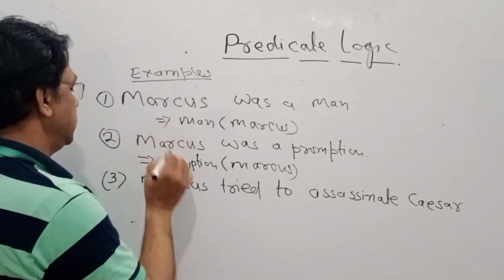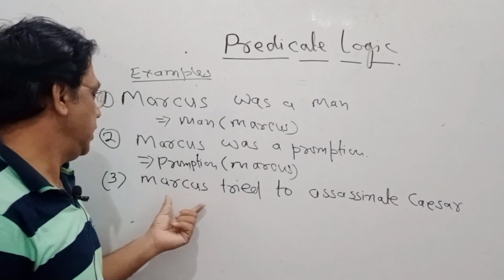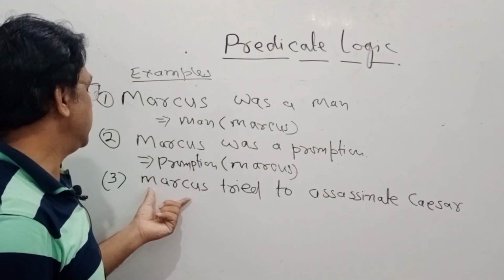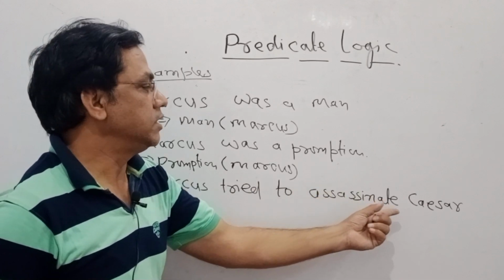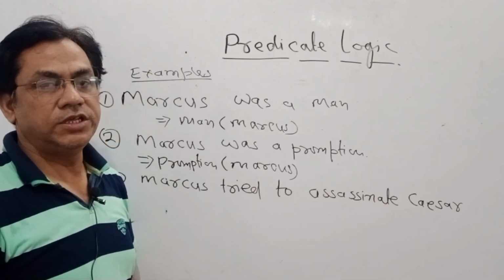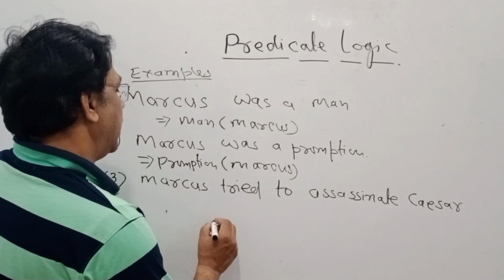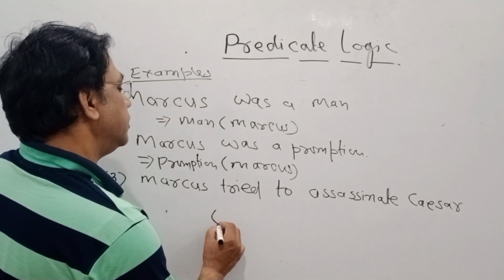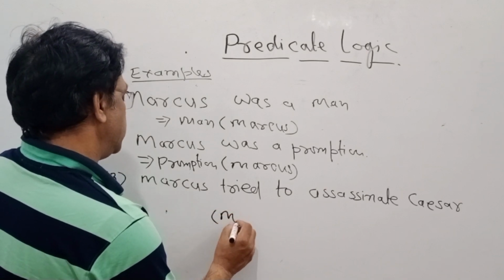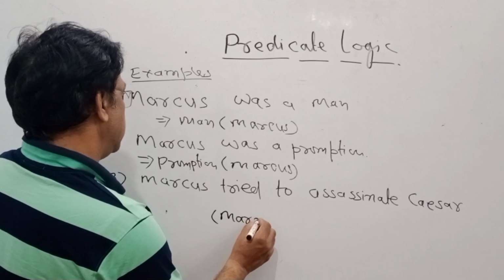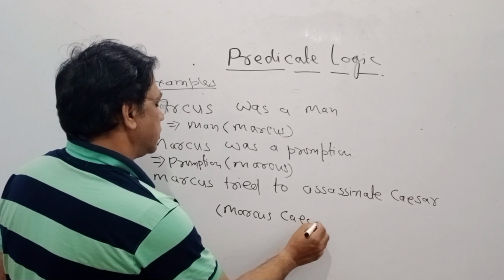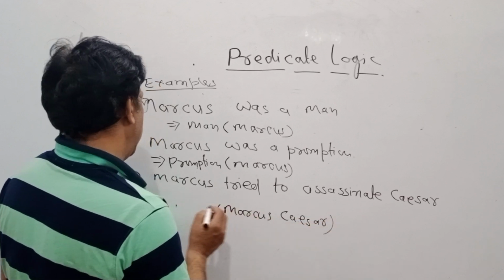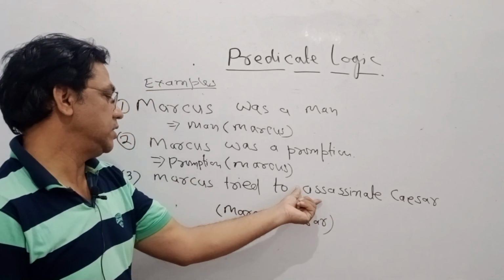In a similar way, if the example is "Marcus tried to assassinate Caesar," how can I represent this in predicate logic? I will write Marcus and Caesar, and the action going on here is assassinate.